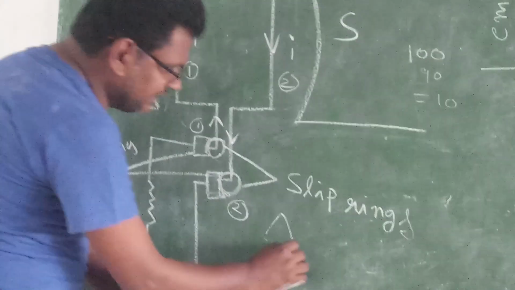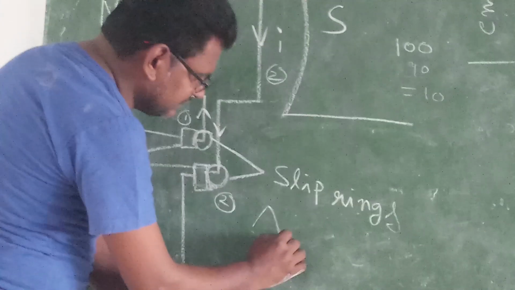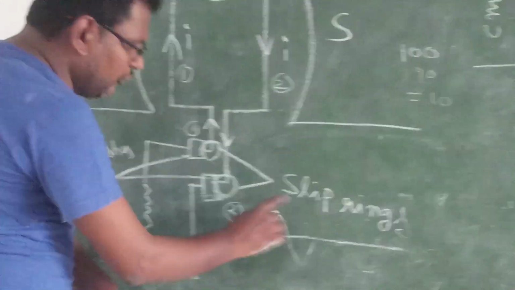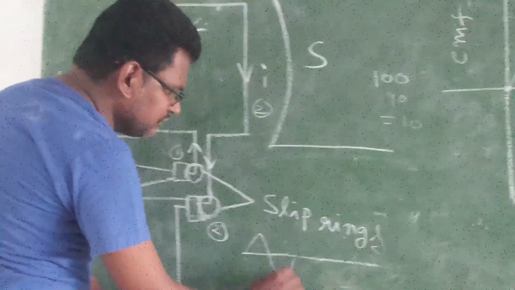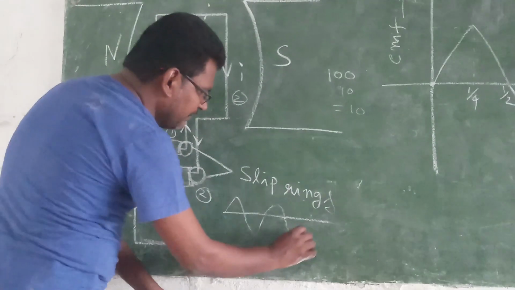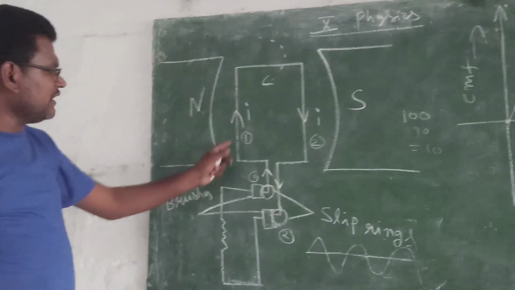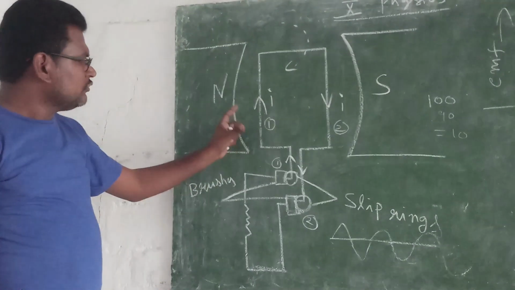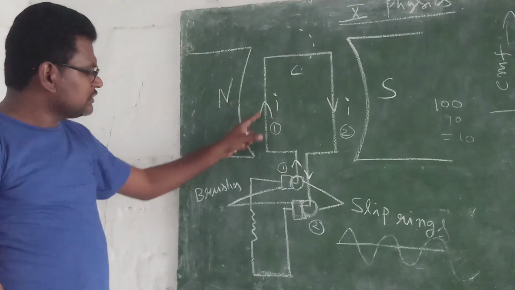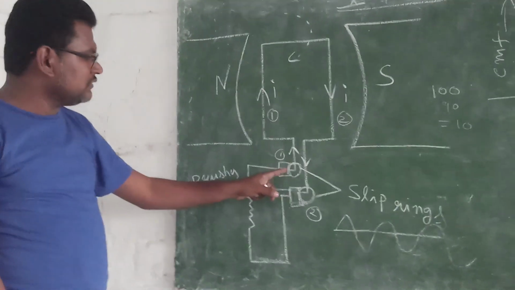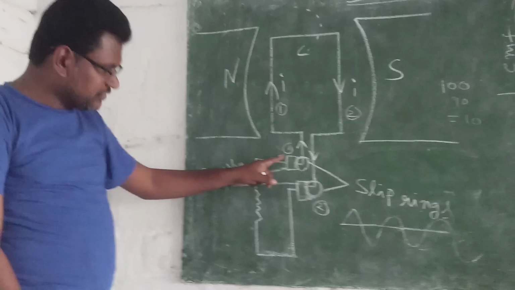For the second half direction, the current direction is negative. That means current flows with positive and negative pulses in this way. Throughout the full rotation, the wire which was labeled 1 is in contact with brush 1.